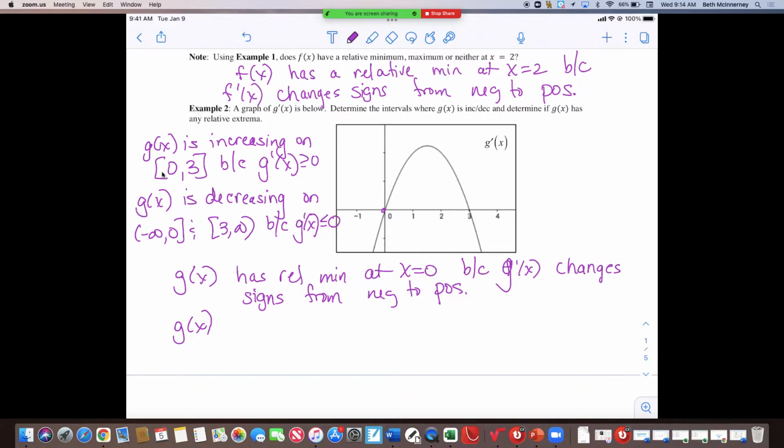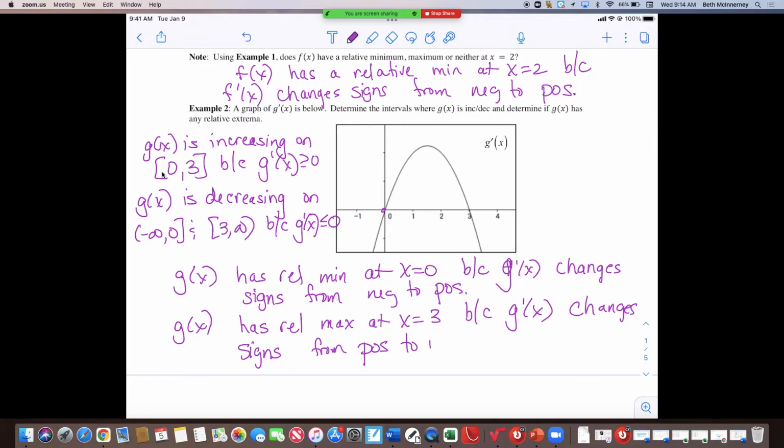All right, and Ryan B, is there a relative maximum? Yep, because g prime changes signs from positive to negative. Okay? All right, not bad, not bad.